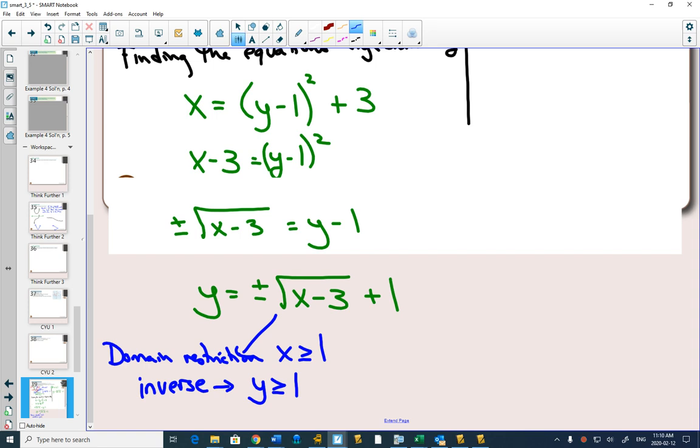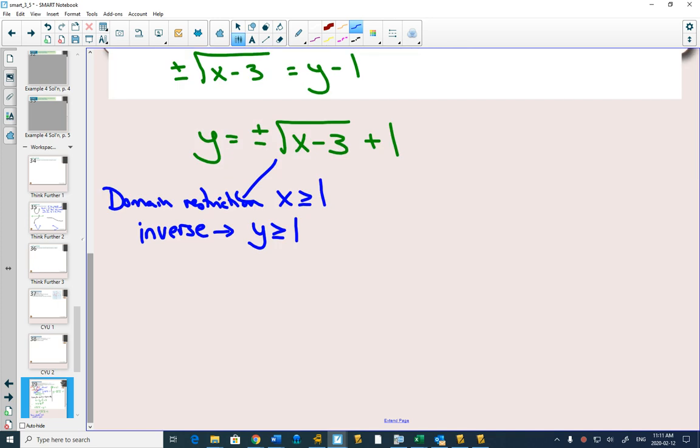Look at your equation. Would the positive value make it bigger than 1? Or would the negative value make it bigger than 1? Well, negative would mean you'd start at 1 and subtract stuff. That would make it less. So because on the inverse, the y has to be bigger than or equal to 1, you would know you need the positive one.